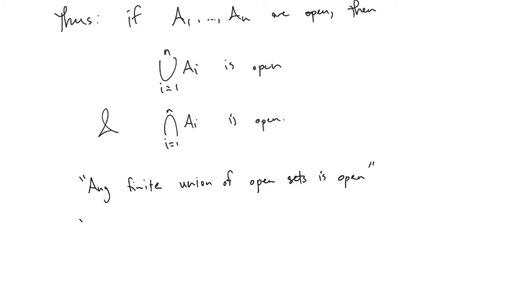And similarly, any finite intersection of open sets is open. All right? This is what we've demonstrated. We really showed it in detail for just 2 sets, but then you can do it for any finite number of sets. All right. What about infinitely many sets?